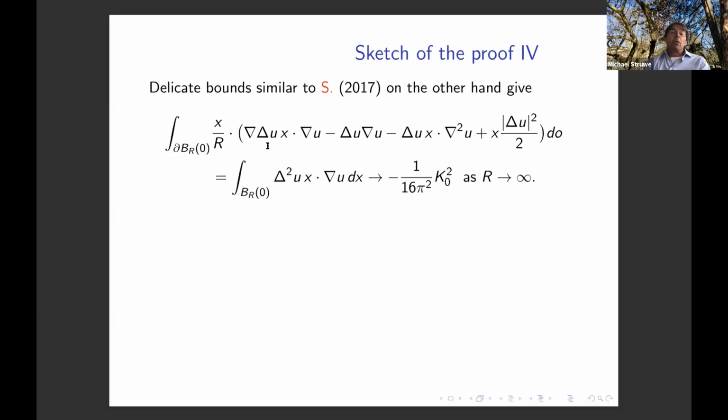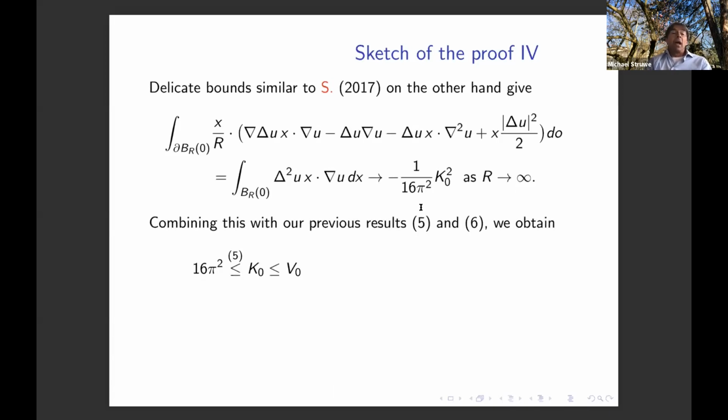And even though these terms look horrible, and indeed they are, just like in my paper in 2017, we can estimate these terms one by one and find that this expression here converges to minus 1 over 16 pi squared k0 squared as r tends to infinity.